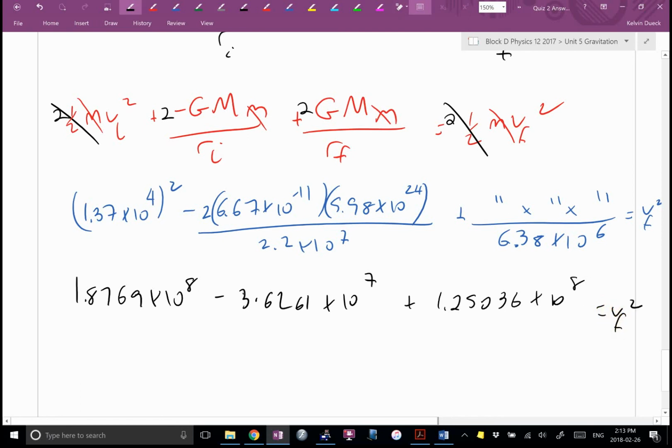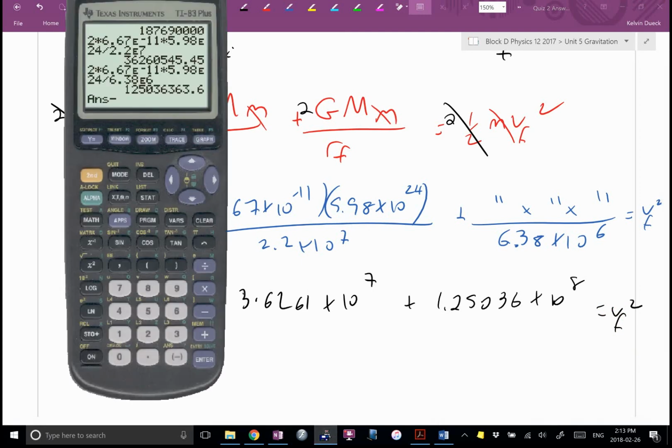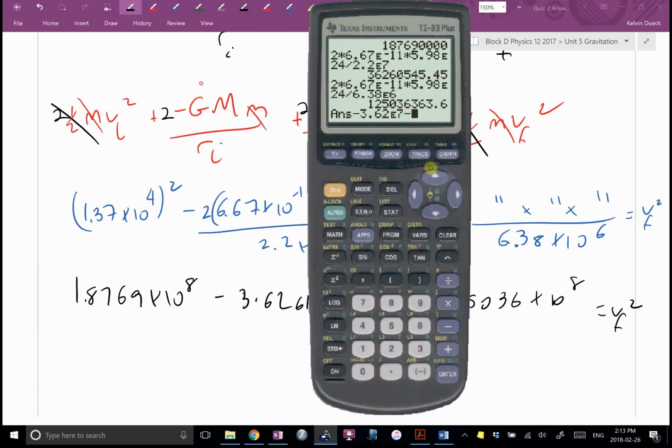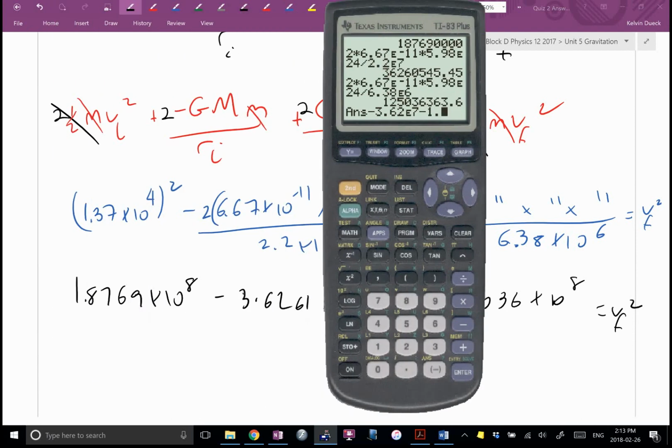So this is what you've been waiting for. Here we go. It's that, take away 3.62 times 10 to the 7th, take away 1.8769 times 10 to the 8th.